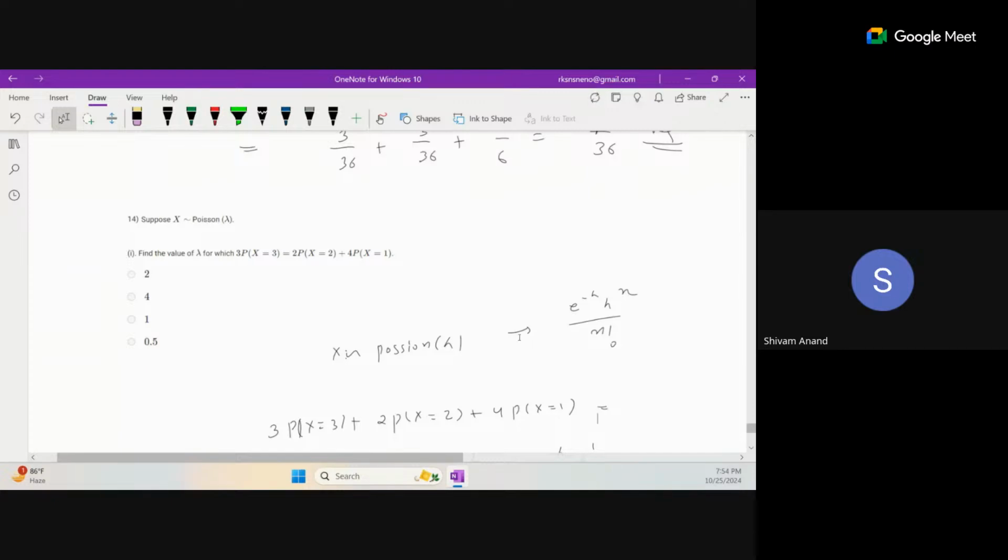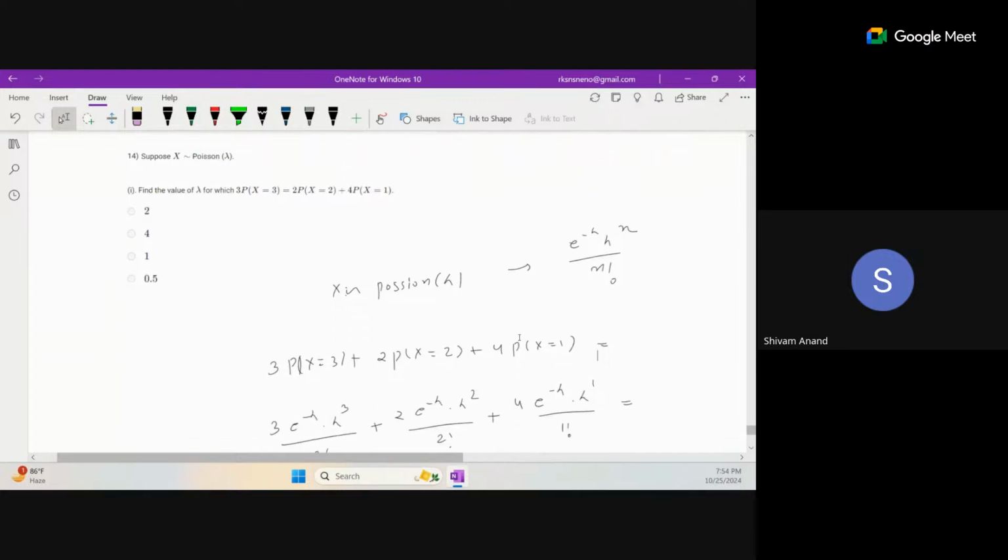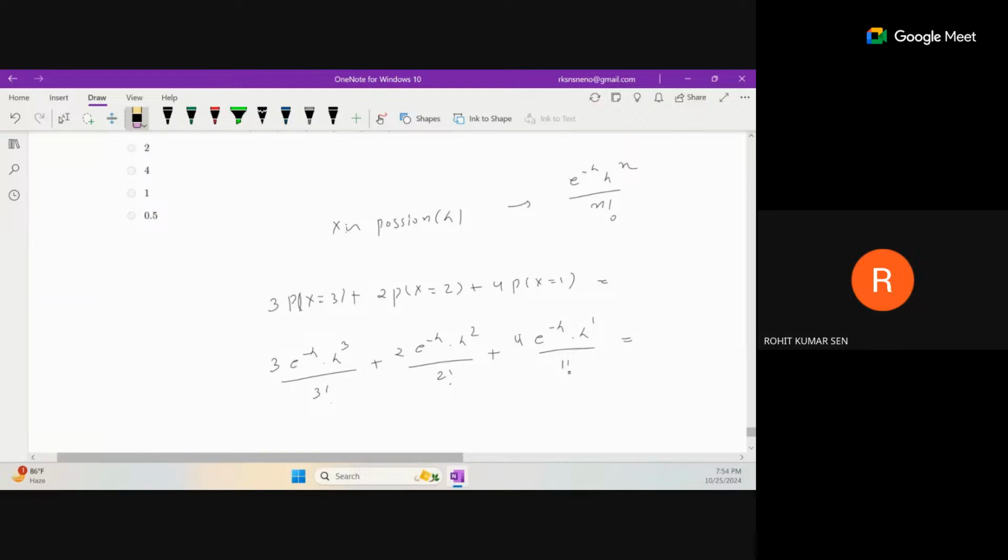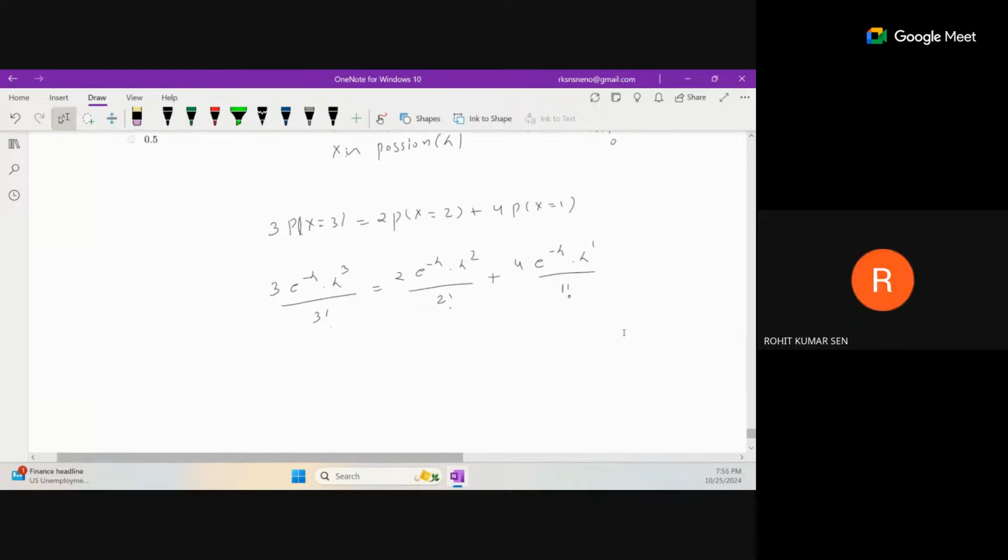The 3 part is equal to this, right? Now it is correct? Yes, sir. Okay. Now you just need to cancel some values.